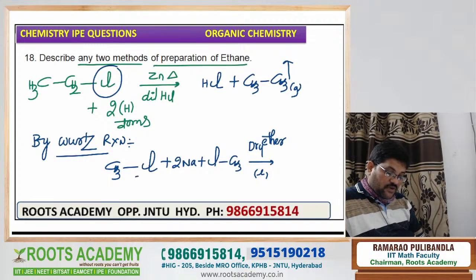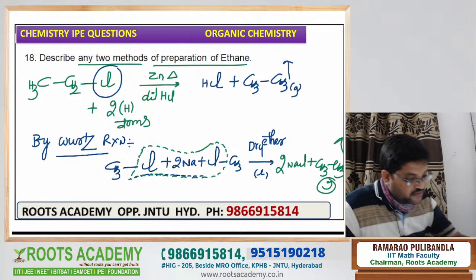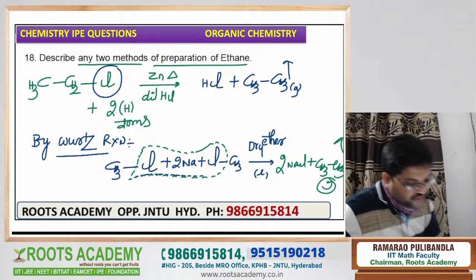The sodium reacts with the chlorine atom, which is removed in the form of NaCl, and we get ethane gas. Simple explanation. Clear what I am saying?